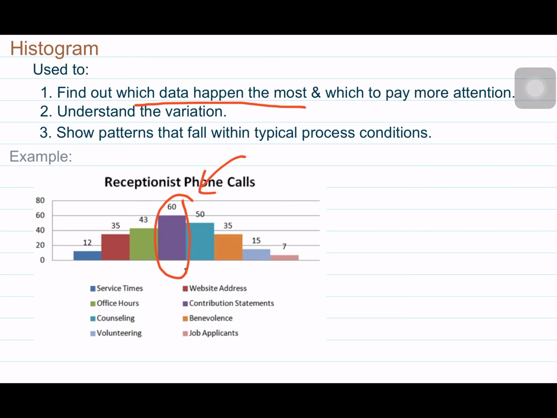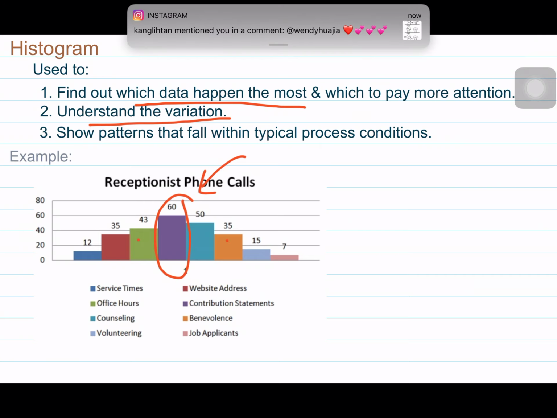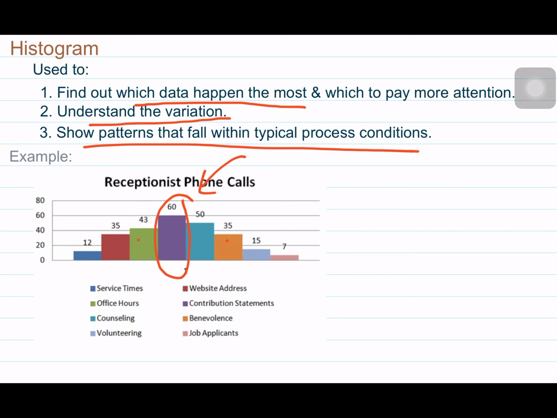At the same time, we also can understand the variation, like what's the difference between this and this. Other than that, it also will show the pattern that falls within the typical process condition, like how is the flow, what's the pattern of all the receptionist phone call types.